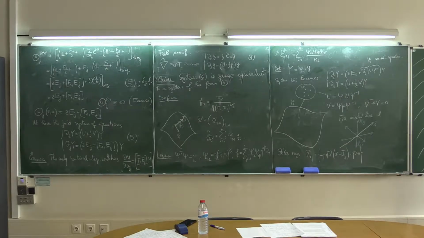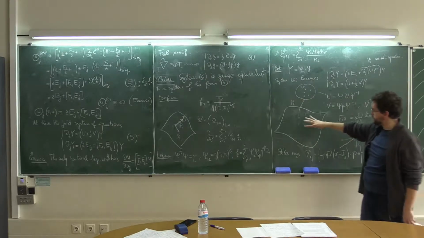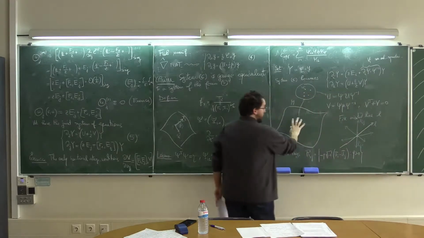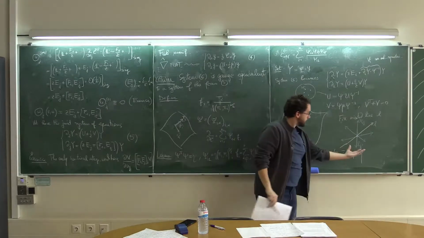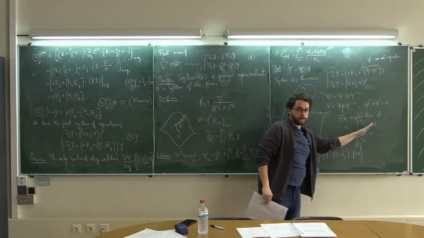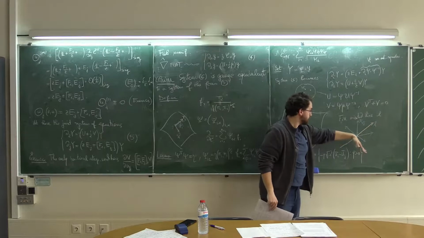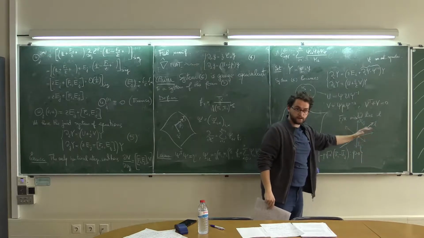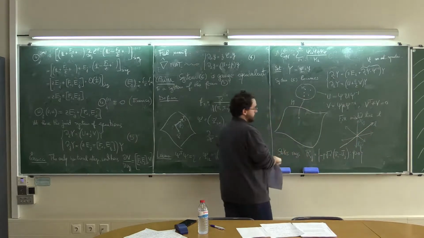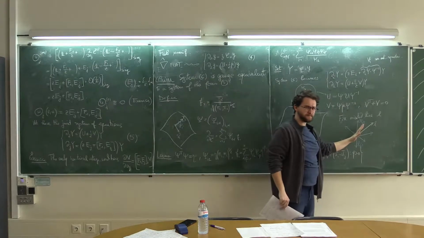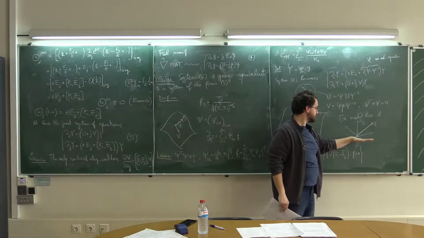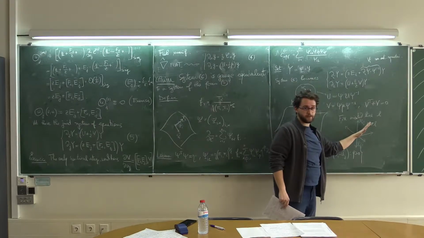And we can consider the open set of points of the Frobenius manifold at which the fixed oriented line does not coincide with one of the Stokes rays. And well, there will be points at which some Stokes rays coincide with the oriented line.